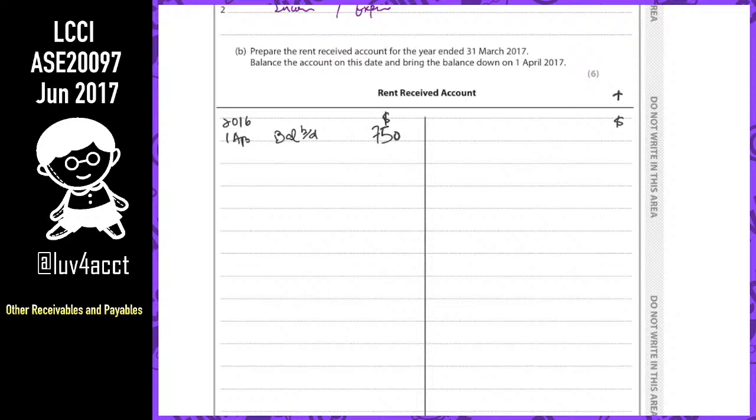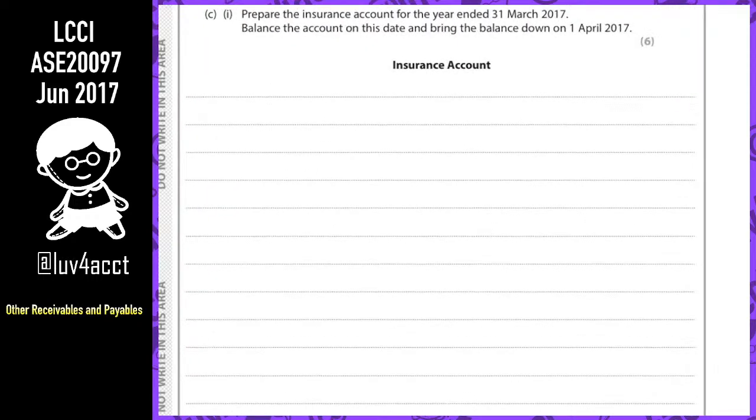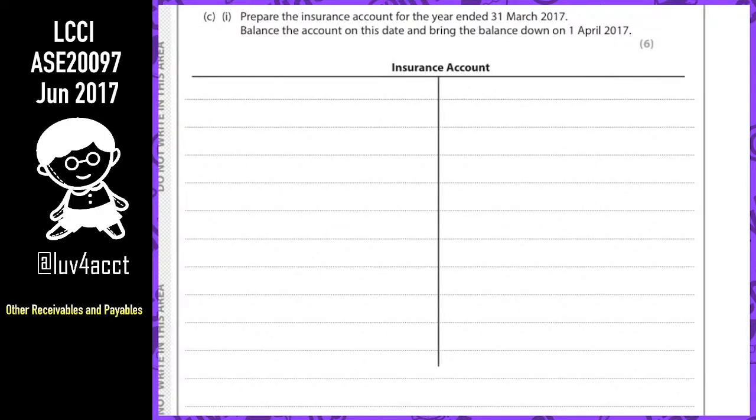So rent received, debit side, it means that income in arrears, or interest accrued, someone owes you something. And then for insurance account, insurance account is in the debit side, because it is an expense account, but then it has a credit balance. Year 2016, 1st of April, the balance brought down. Here it is a prepayment. And then 300.